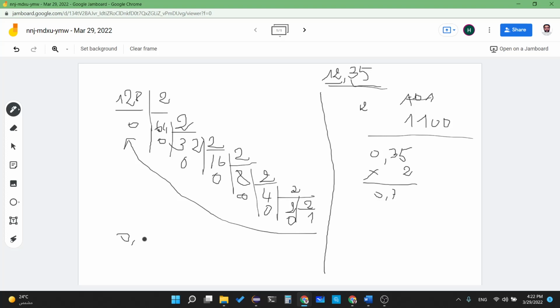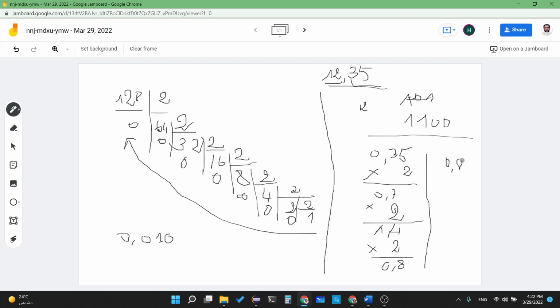So this 0 here, you report it on the result, and then you go to the next step. So 0.7 multiplied by 2 gives us 1.4, and then you report the 1. You take the 1, report it on the result, and you continue. You are left with 0.4 multiplied by 2, you get 0.8. You report this 0 on the result, and you continue.